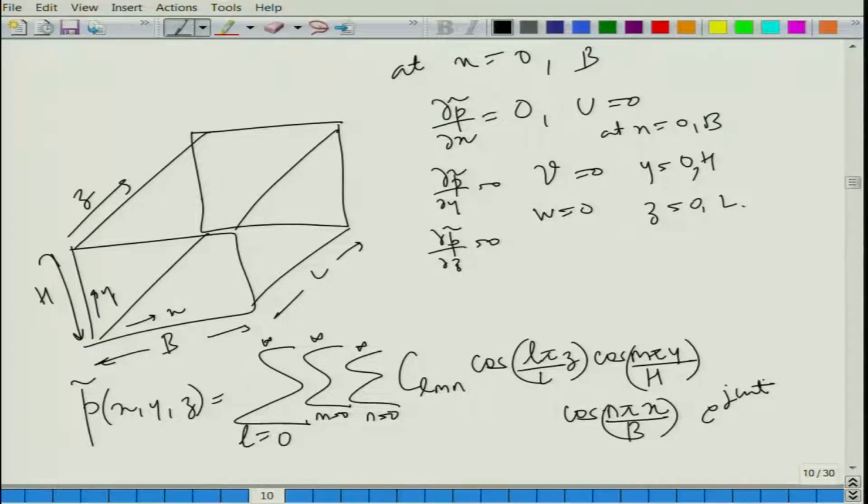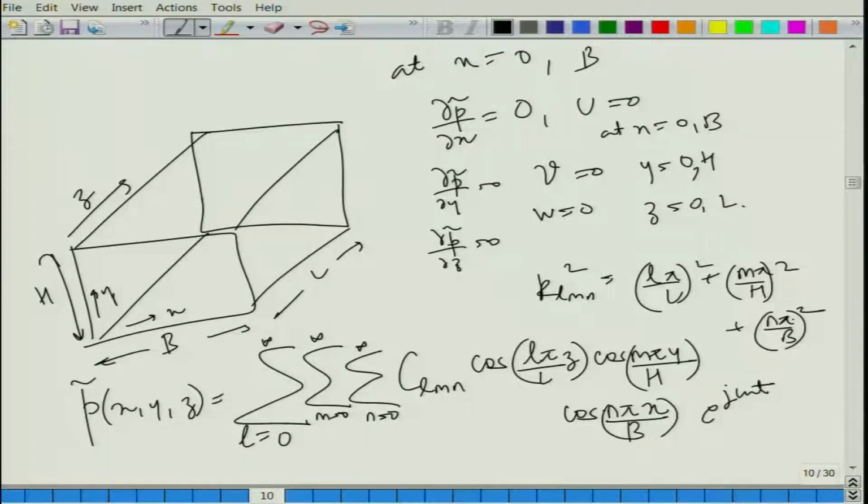So, time harmonically it is behaving like this, and one thing that is there is nothing but L pi by L whole square, m pi by h whole square and n pi by b whole square.